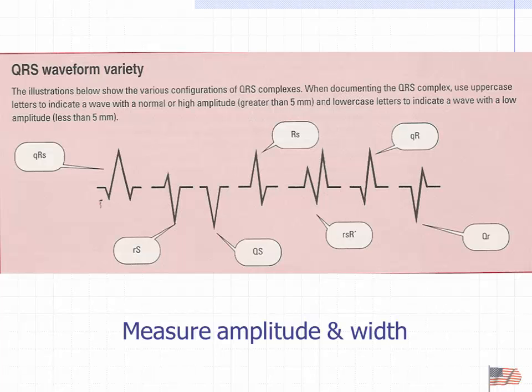The first negative deflection that you see on an ECG tracing is the Q wave. That's my Q. In many cases, you won't even see one. If it's there, it's very, very small under normal conditions.